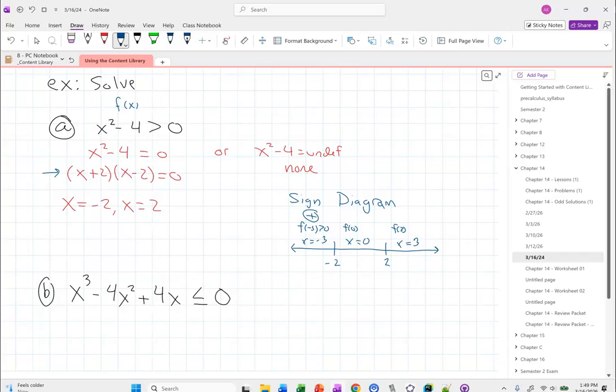I plug 0 into x plus 2, I get positive. If I plug it into x minus 2, I get negative. Positive times negative is negative. And then if I plug 3 in, I get positive times positive is positive.